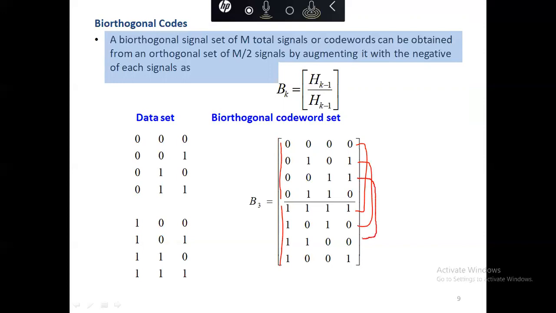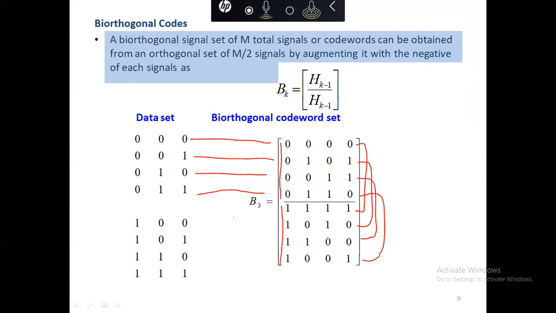So you can see that every symbol has its antipodal in the sequence, and there is a 4 by 4 orthogonal and another 4 by 4 orthogonal sequence. So we are using one additional bit to transmit the equivalent code word, and that code word has the orthogonality and the antipodal characteristics.